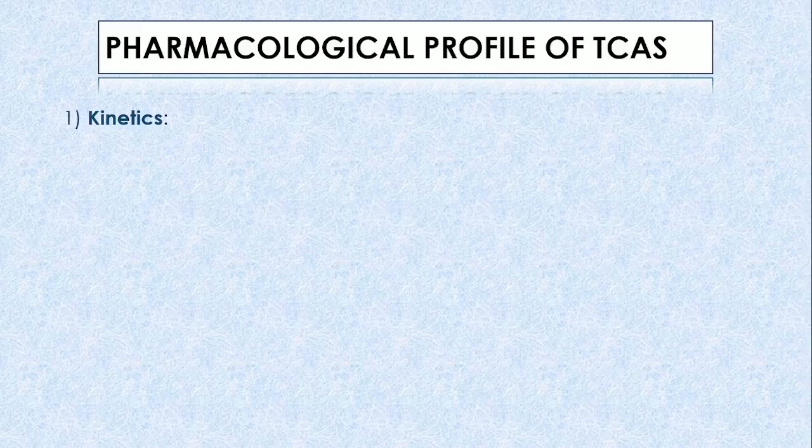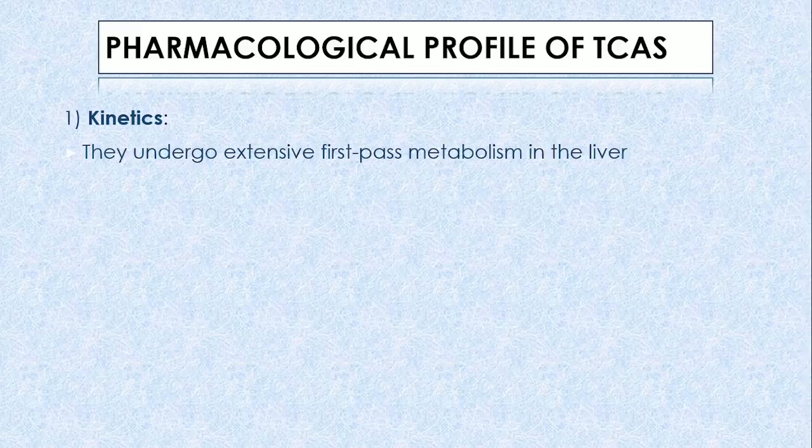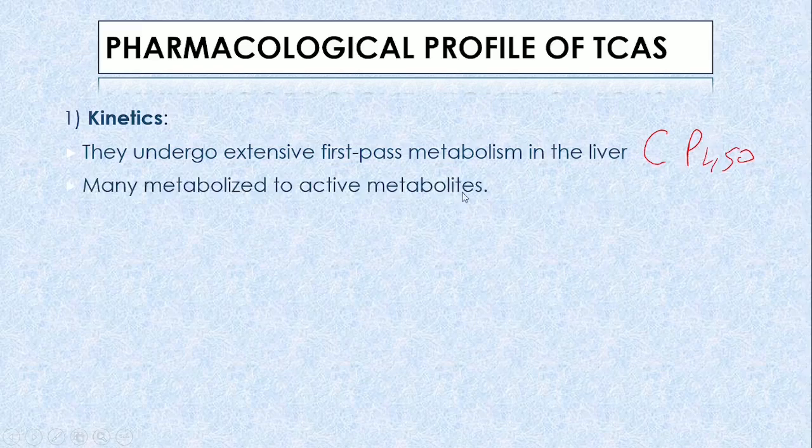First, we'll talk about their kinetics, not in detail, of course, but the most important information about their kinetics. They are exposed to first-pass metabolism by the effect of cytochrome P450, and most of them, though not all, are metabolized to an active metabolite.